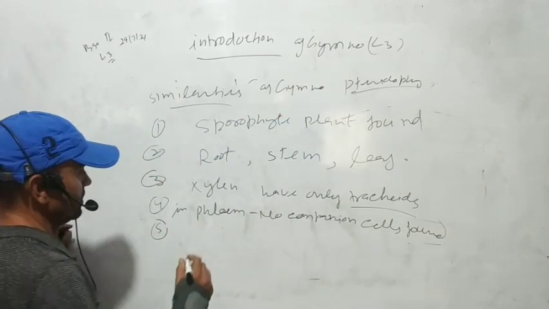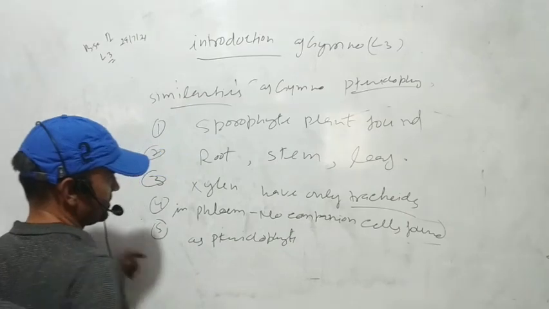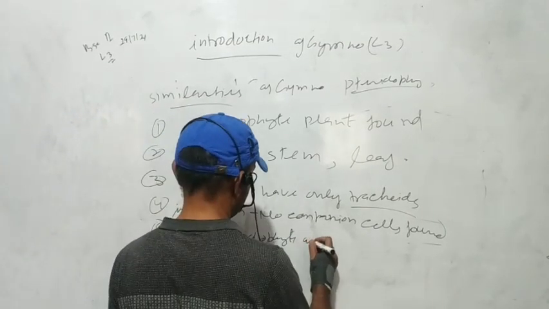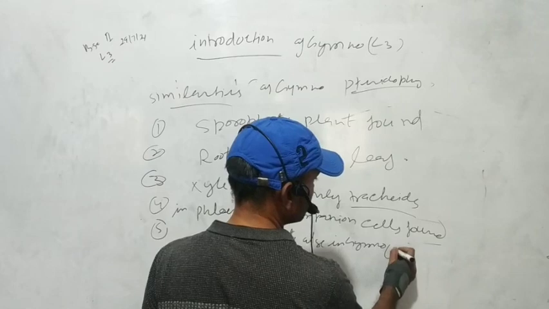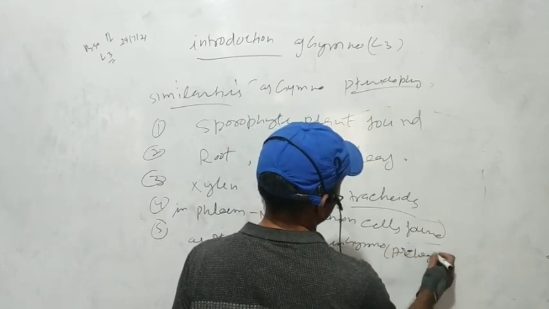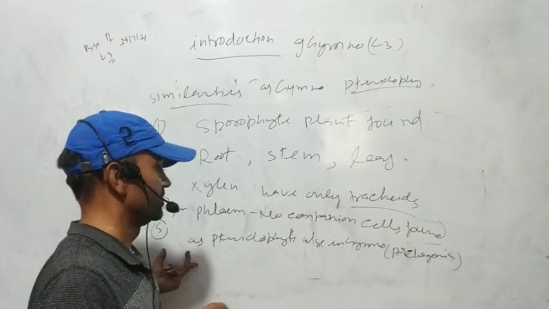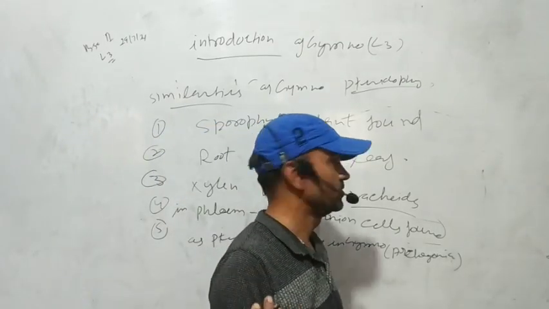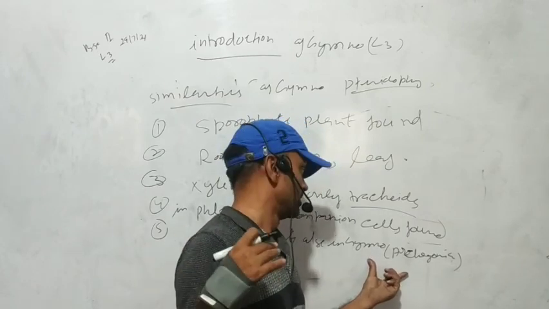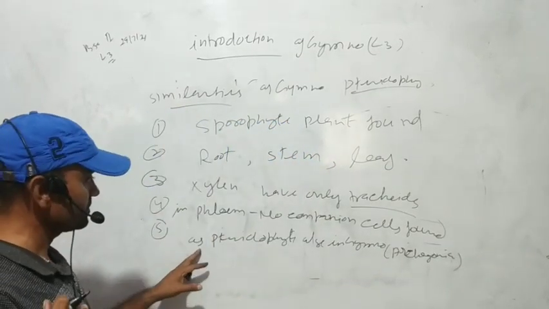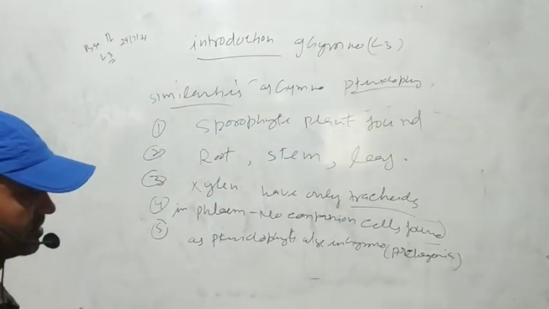Here we can say archegonia are found. This is also correct, same as pteridophyte. In pteridophyte the archegonia are found. You studied gymnosperm and pteridophyte already in first year. Same as pteridophyte, gymnosperm also contains archegonia.